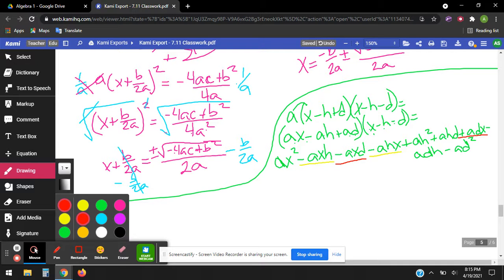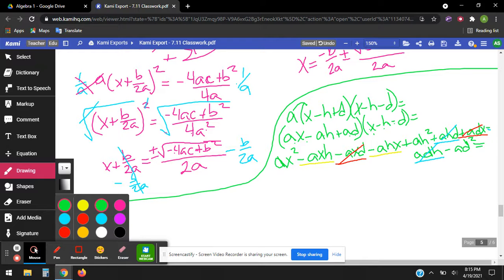What I notice here is this is a minus axd and this is a plus adx, so those would actually cancel each other out. Ah squared, I don't see another one of those. And ahd, adh: this one's a plus, this one's a minus. Those cancel out. So this narrows it down a lot more for me.